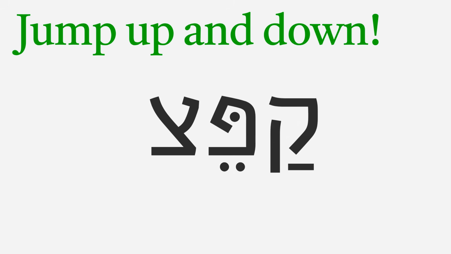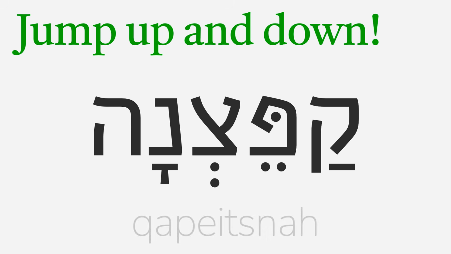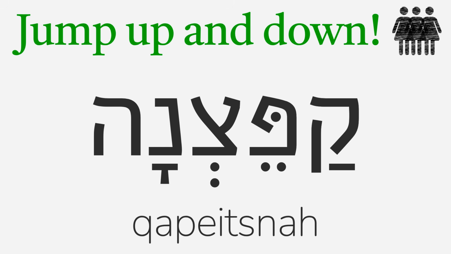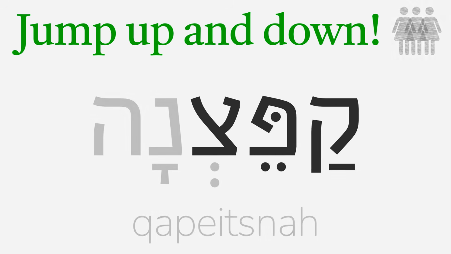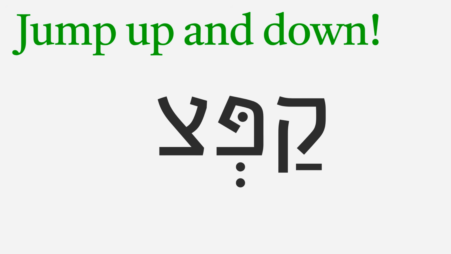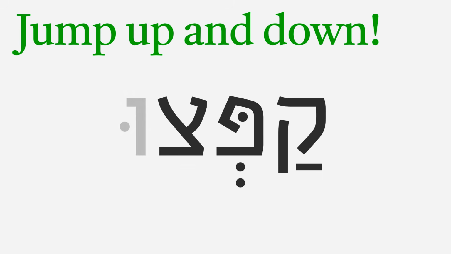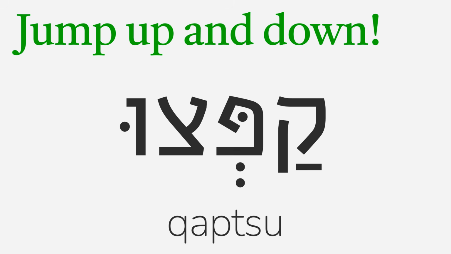You can take this masculine singular command and add a na ending to make kapetzna, the feminine plural command, jump up and down. You can also take kapetz, shorten the tsere to a shva, and add e to make kaptzi, jump up and down, feminine singular, commanding a woman. Or add u to make kaptzu, jump up and down, commanding a masculine plural group.